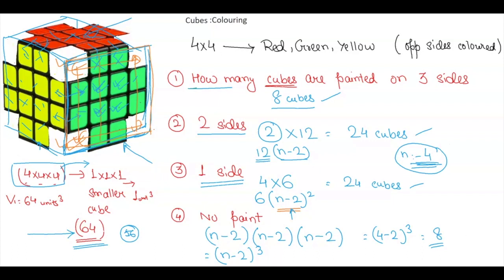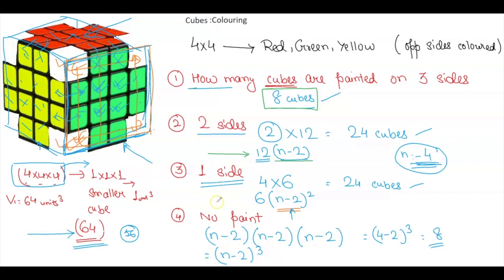So let me just mark out the answers once more and run you through. 8 cubes would always be painted on 3 sides, provided that the entire larger cube is painted. The corner cubes are the only ones that can be painted on 3 sides. The number of smaller cubes that are painted on 2 sides are given by the formula 12, that is the number of edges into n minus 2.